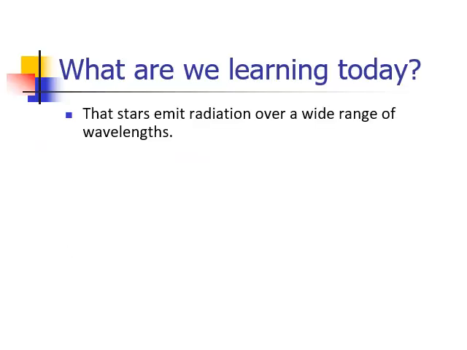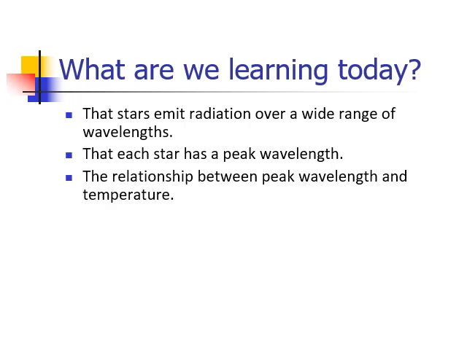So what are we going to look at? We're going to look at stars emitting a range of radiation of different wavelengths, and that each star has a peak wavelength of emission.